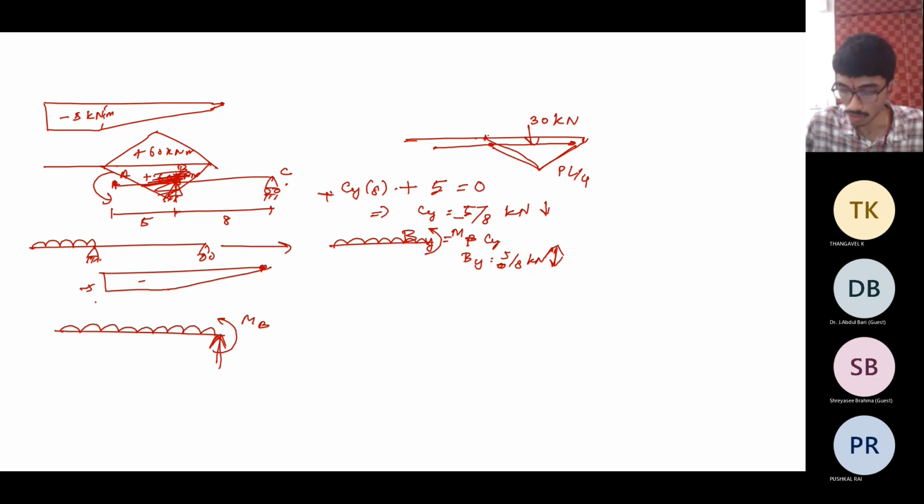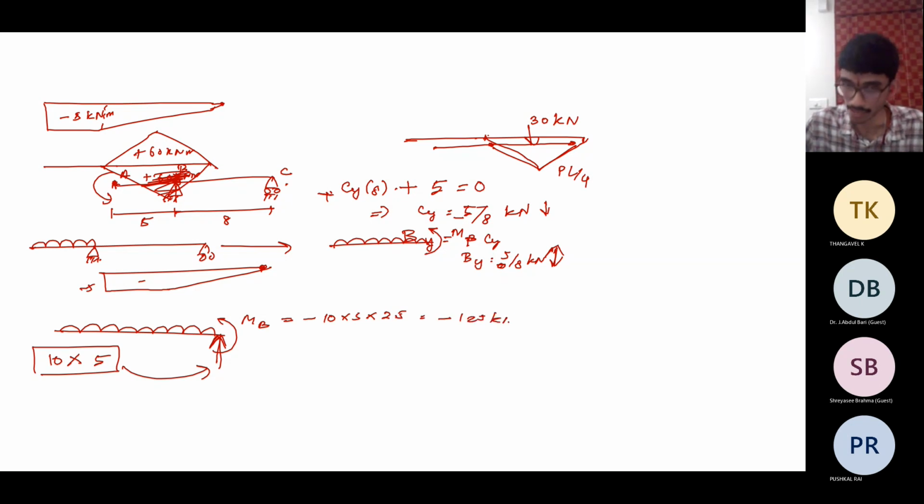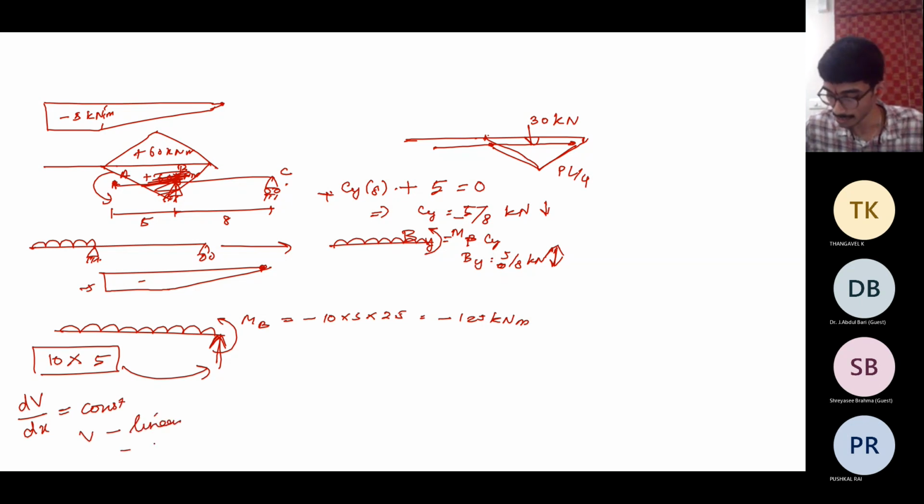The reaction should be equal to the total force, which is 10 into the span of 5. And MB should be equal to the total moment it has to resist. So that will be equal to minus 10 into 5 into 2.5, which is minus 125 kilonewton meters. And how does it vary? The loading, which is dV by dx, is constant, which means V is linear and M is quadratic.